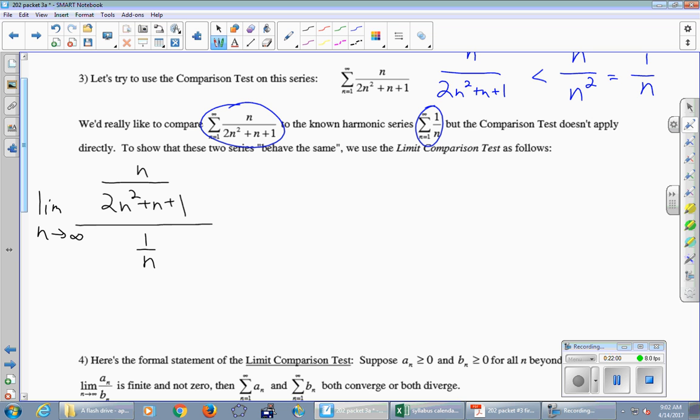Yeah, and that's a really good observation, that there are plenty of things we can compare the series to, but all of our comparison tests say that your series and the series you pull out of a hat behave the same, which means that it's only going to be helpful to us if the series we pull out of a hat is one that we know whether it converges or diverges, right?